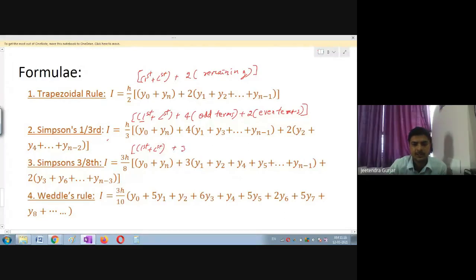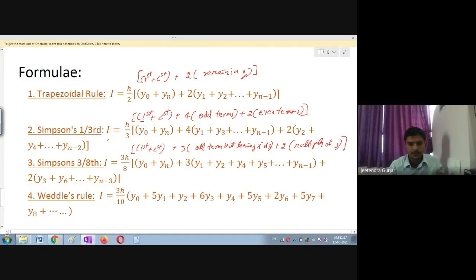Then 3 times all the terms, but leaving the multiples of 3, plus 2 times the multiples of 3.